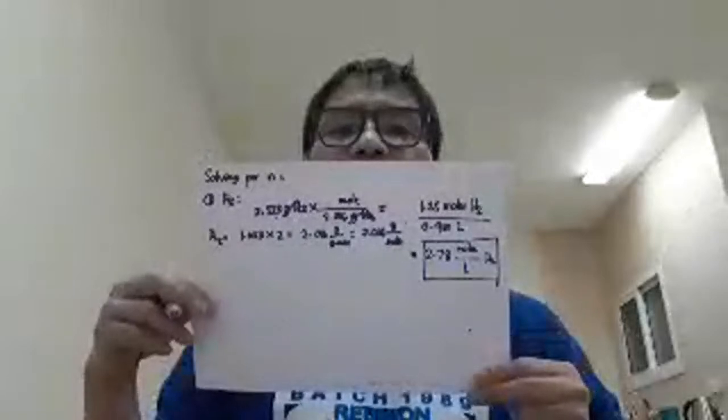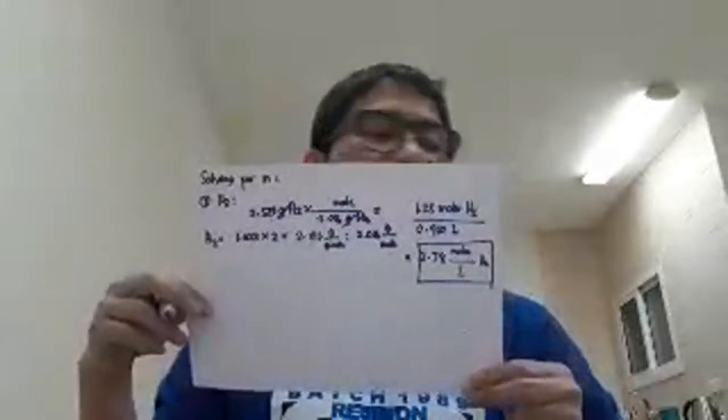If we divide this by 0.450, we have 2.78 moles per liter, definitely our molar concentration of hydrogen gas initially inside the reaction vessel. So 2.78 moles per liter of hydrogen gas.